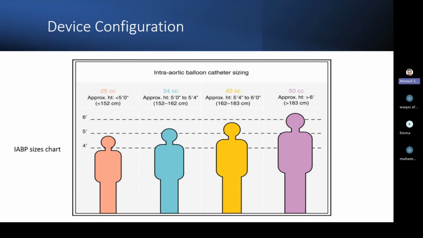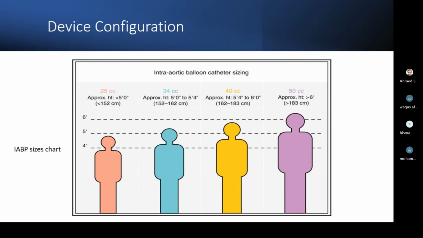What about if the patient has a small femoral artery? Yes, exactly. So 7FR 40cc would be a better choice as compared to the 8FR. So there are many factors that will affect your decision. Actually, we are not considering the insertion of the 7FR or 8FR.